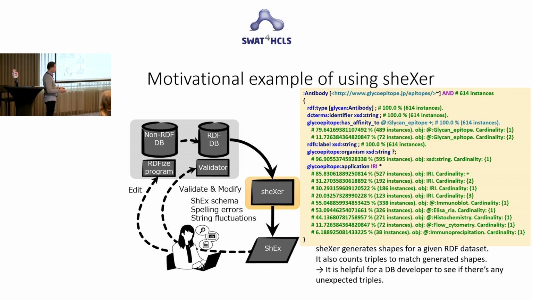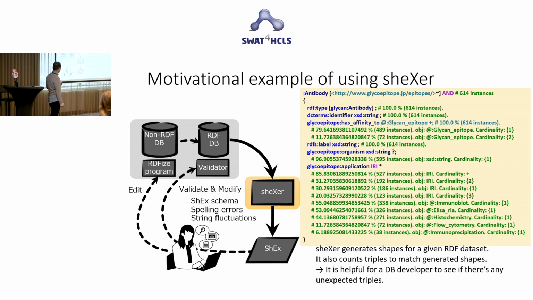From that data, we develop a program to convert from the non-RDF dataset to the RDF dataset. By using this, SHECL can generate these kinds of shapes from the RDF dataset.